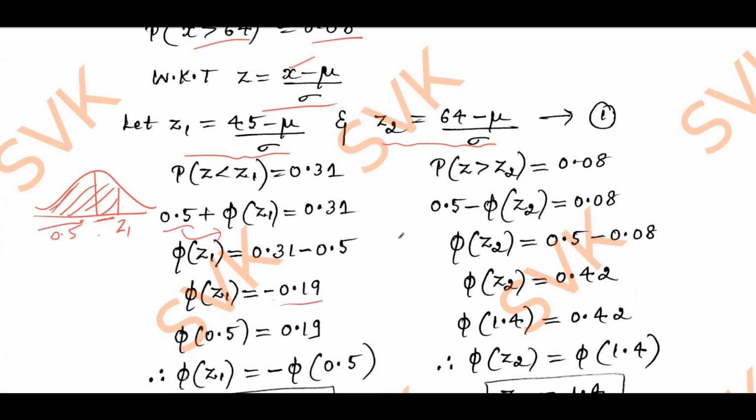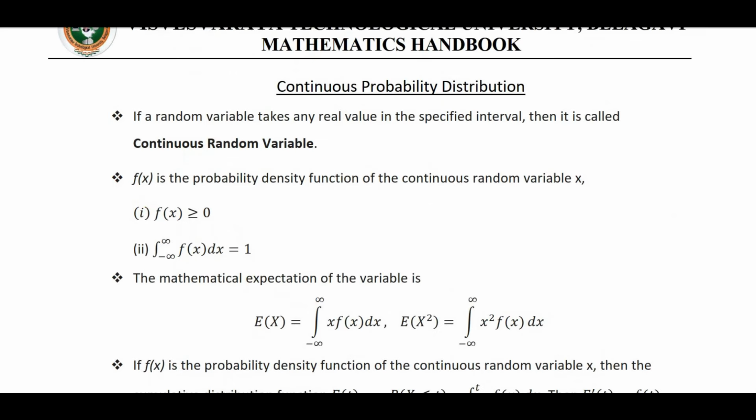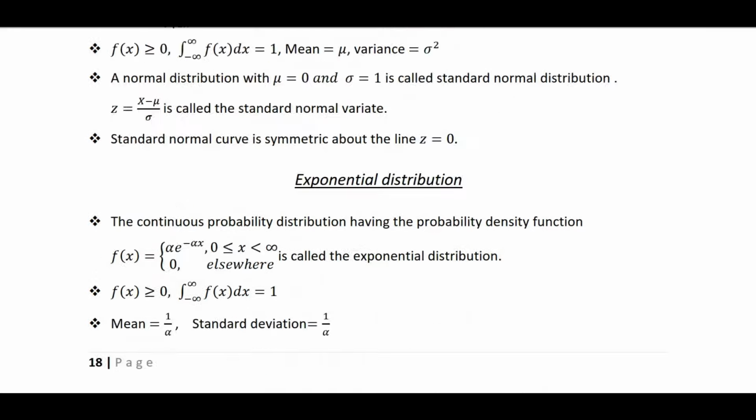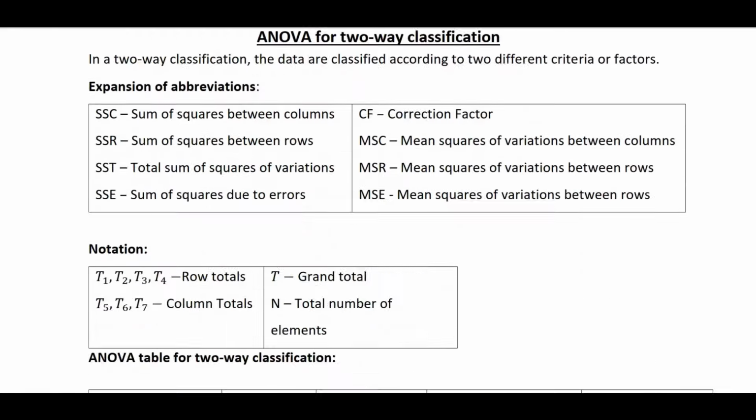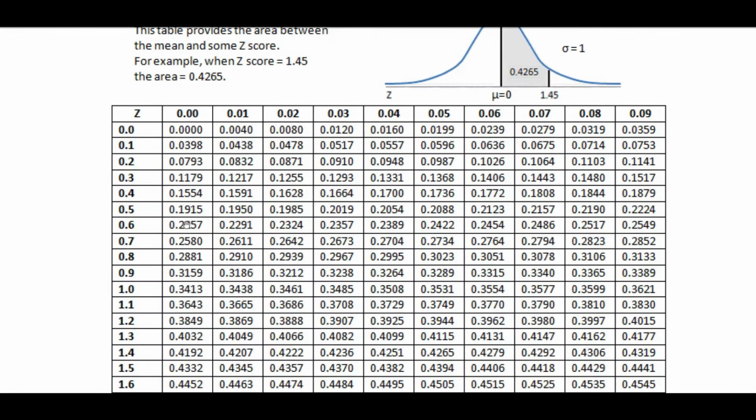You can make use of the normal distribution table in your handbook. Go to your handbook, there you can take out the normal distribution table. Coming to the normal distribution table, see here, 0.195 is given as z of 0.5. You can note down that value as 0.5.